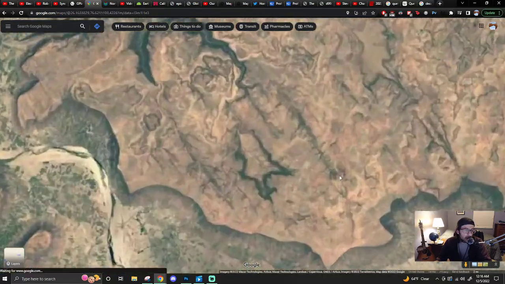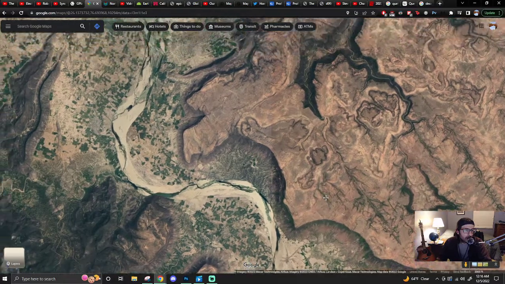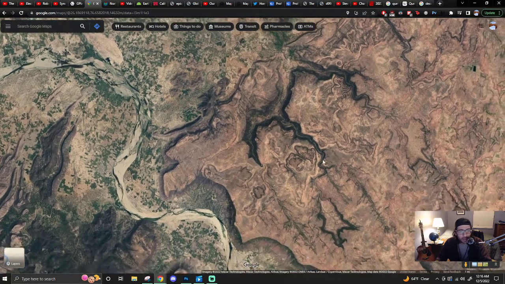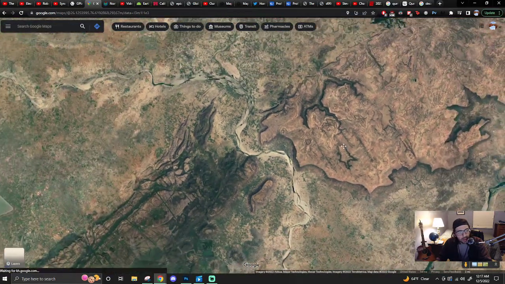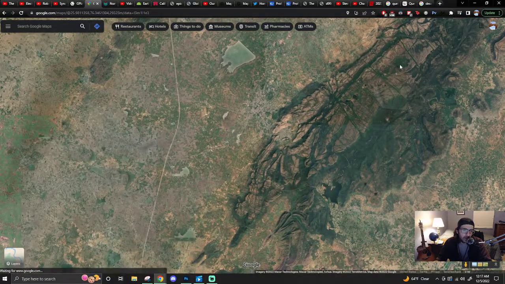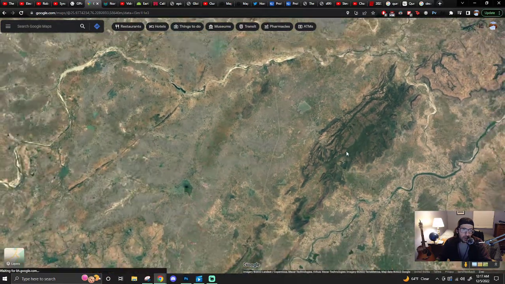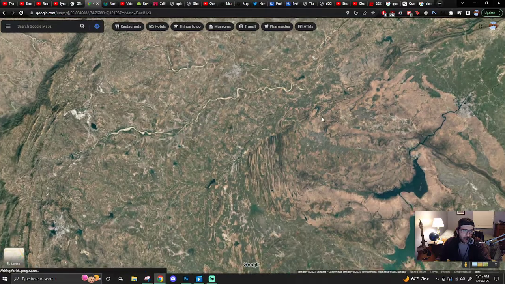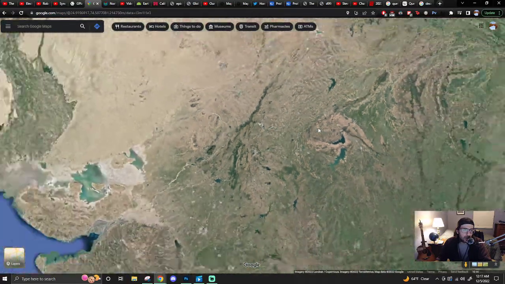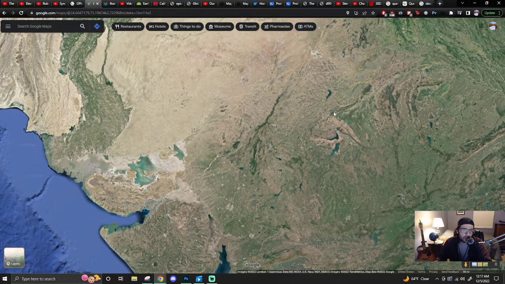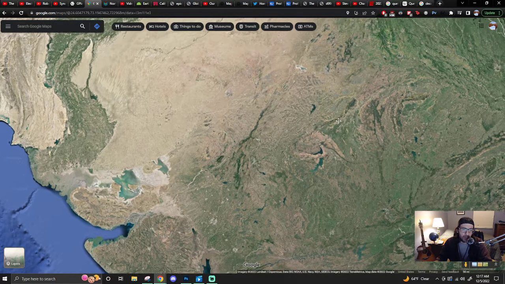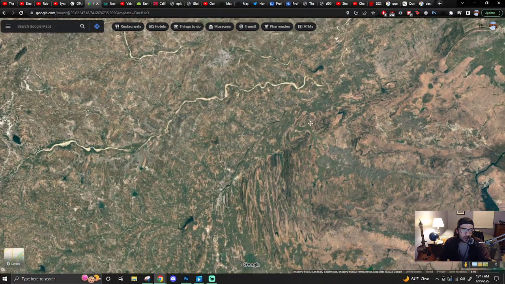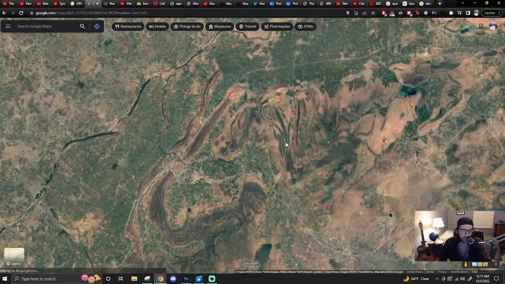Whoa. What in the... This looks like a leg. Very linear. This stretch. Not all after here. It starts to just kind of become fluid.